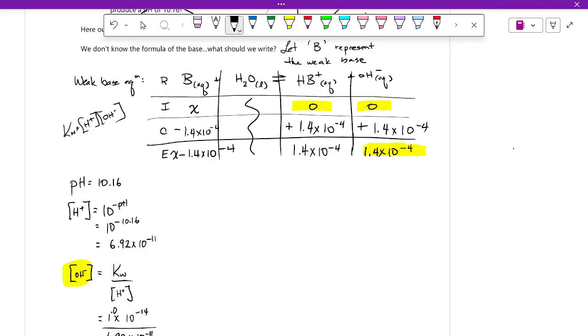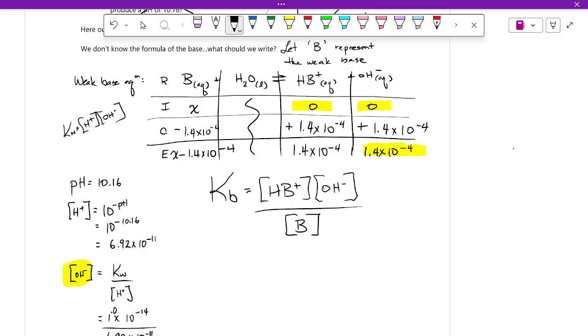This is a base, so we will be using Kb. Hopefully we are given a Kb value. Let's go check.